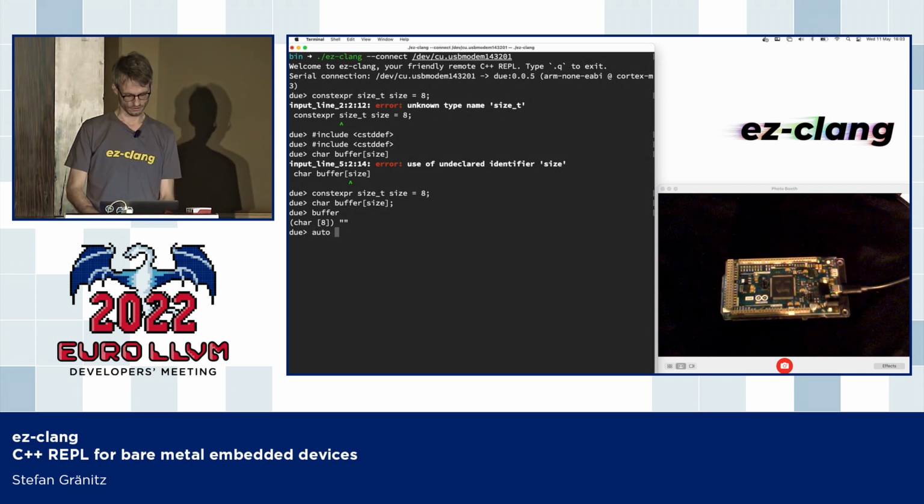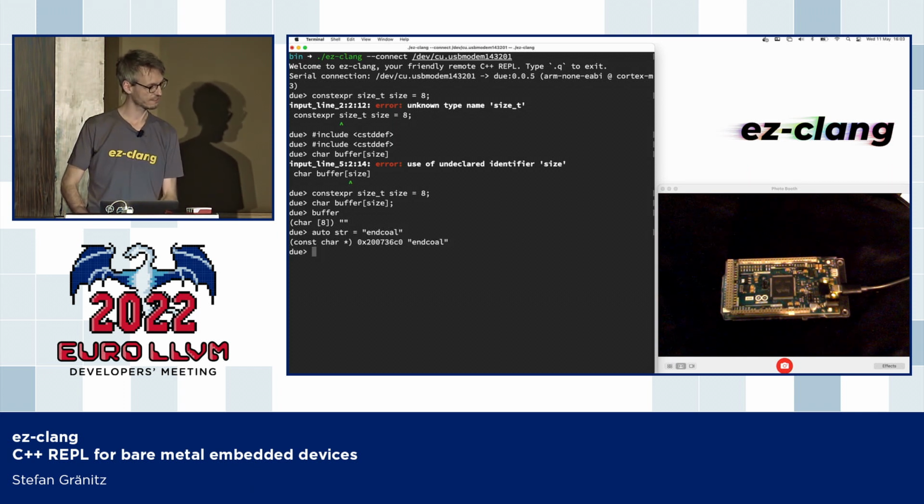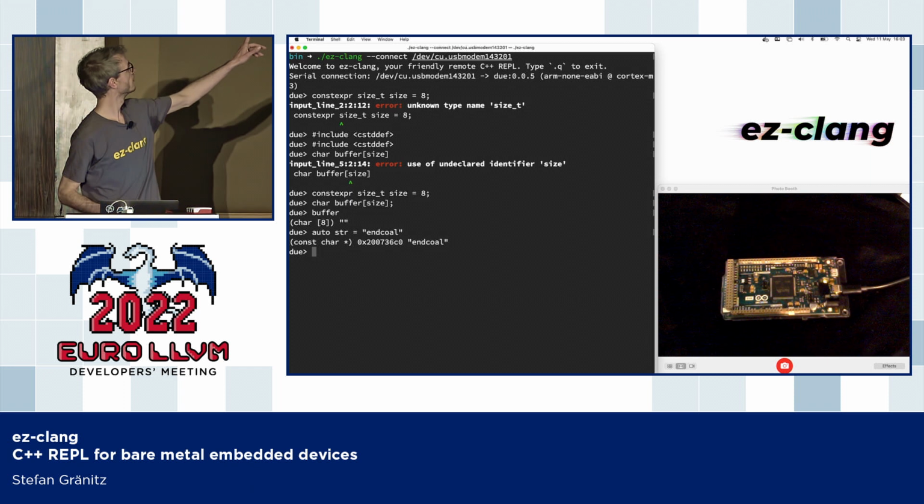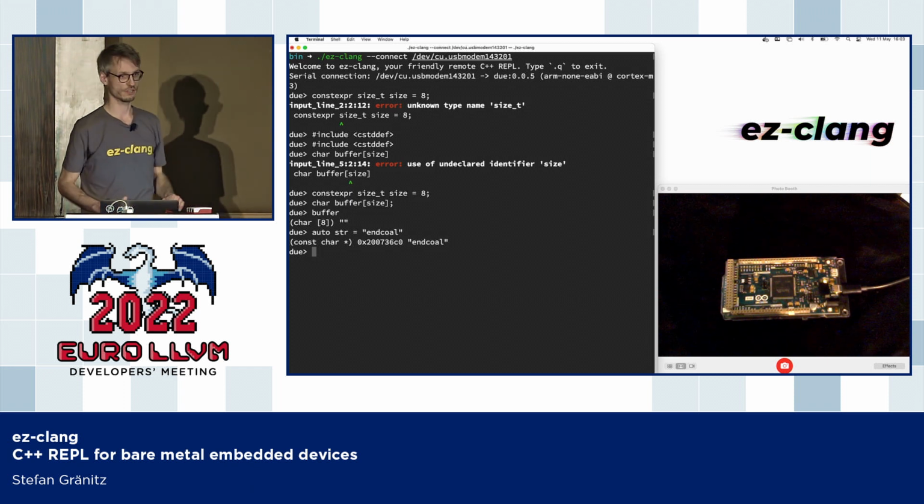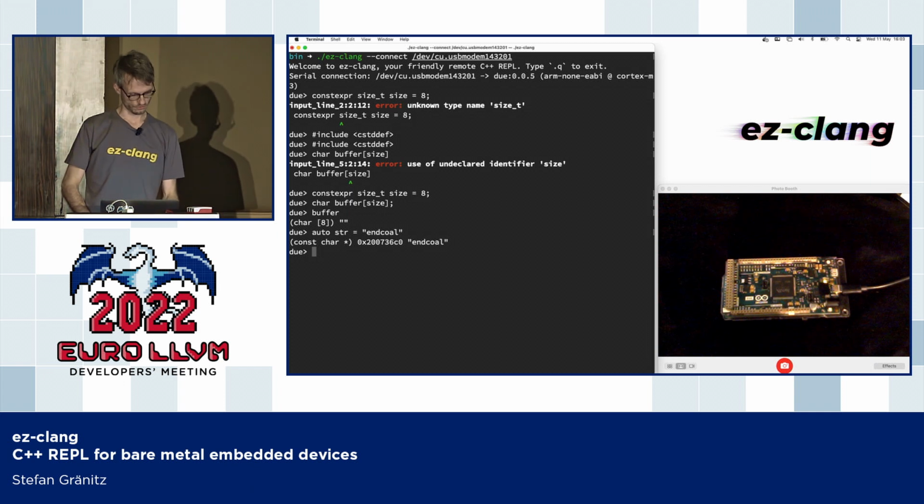We can do other simple things like this and define a string, let's say, something like that. If we leave out the trailing semicolon, it will dump the expression result directly. And we can use things like memcpy now to copy that string into our buffer, including the terminating 0.